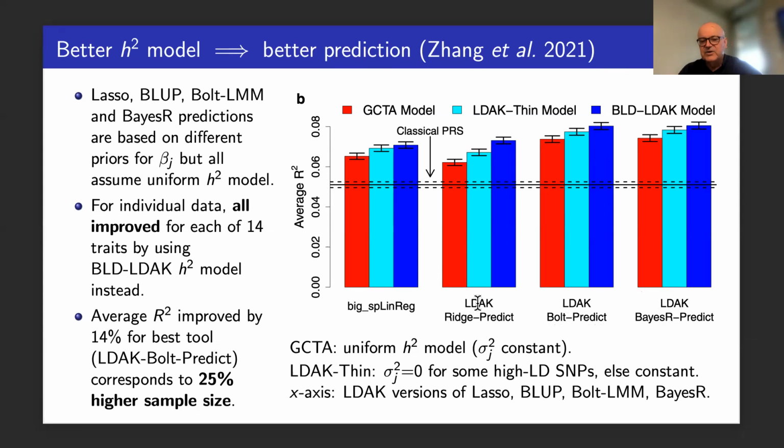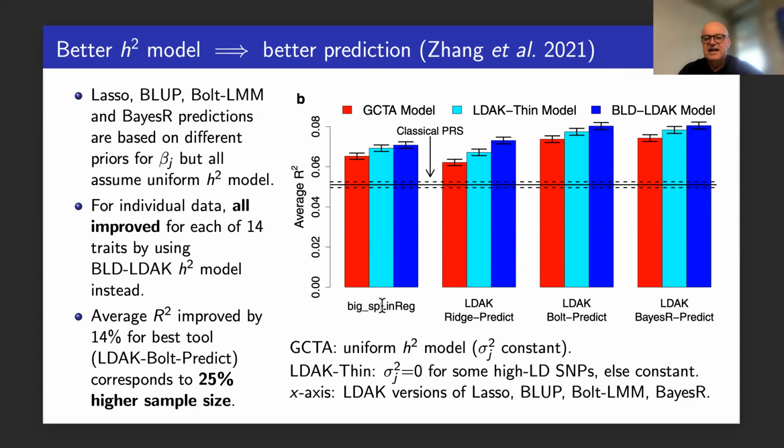This is the LDAC implementation of ridge regression. This is the LDAC implementation of the lasso. And what's going on here is the horizontal black line is a kind of classical PRS, just a standard kind of one. The red bars are the original published versions of each of these methods.